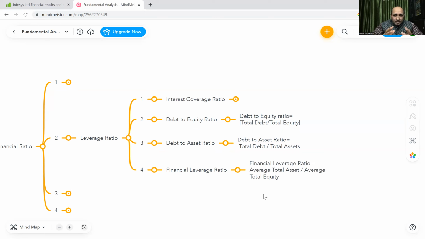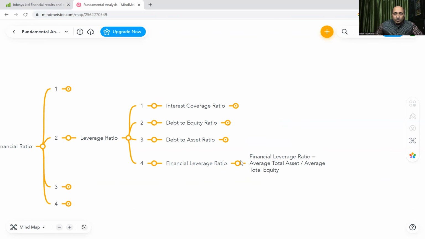Because in the asset part there are some fixed assets and some work in progress, and from year to year there will be some depreciation. So all this is calculated, the average figure is found out, and then we calculate the financial leverage ratio as average total assets divided by average total equity. So now we have understood these four ratios.